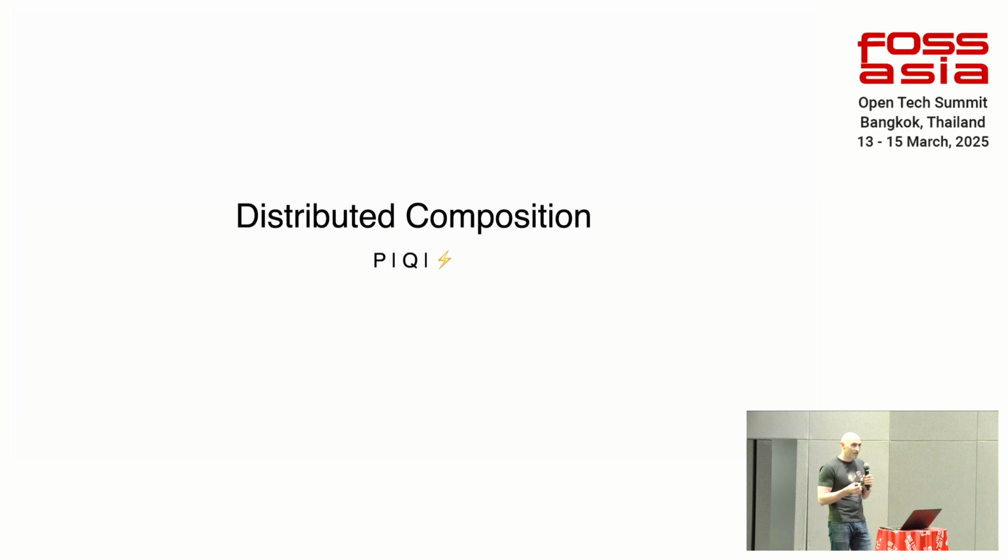The defining characteristic of distribution is non-deterministic partial failure. So the distributed composition of P and Q leads to 69 distinct possible executions. And in a real system, some of these executions are common, while others are super, super rare.